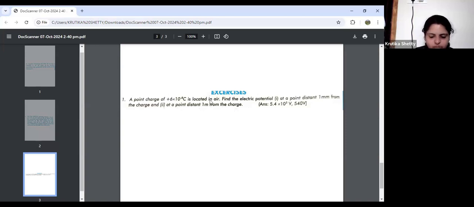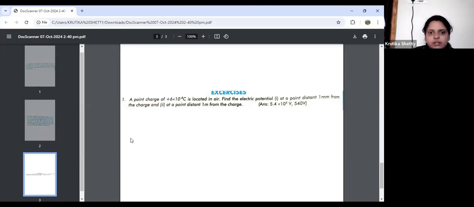So here you need to calculate the value of the potential. See how to do this one. Same method.